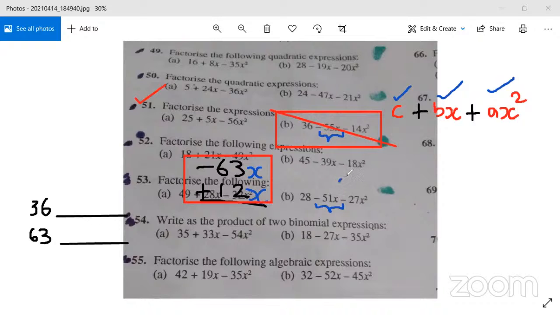Let's remember that. So your 28 shall remain the same. But then what you will have is your 63x here. You will also have your 12x. And you will also have your 27x squared.